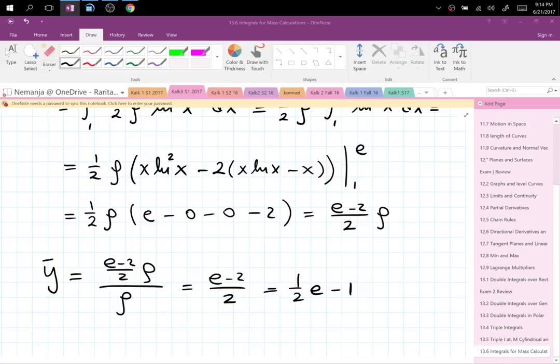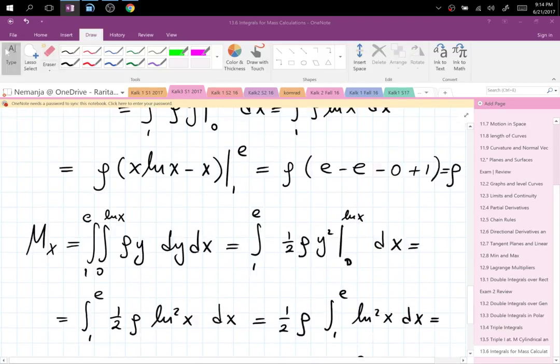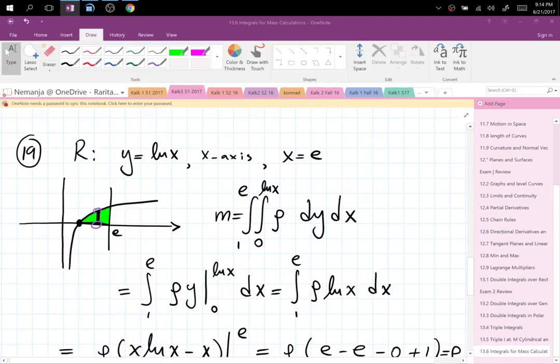Right, so 0.4 on y. Now you see that makes sense. 0.4 on y makes sense. It's a positive number, and it's less than 1. It's between 0 and 1. This point here is e comma 1, because when you plug in e into ln x, you get 1 as the y value.